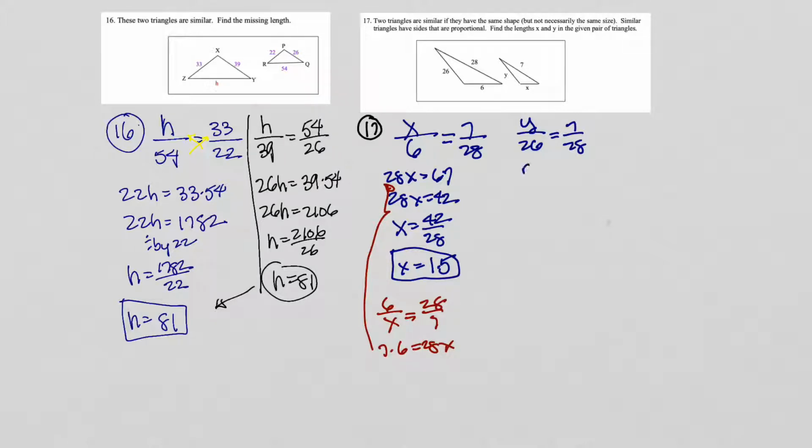Cross multiply, we'll get 28y equals 7 times 26, and 7 times 26 is 182. 28y is 182. We'll divide by 28, and I'm left with 6.5. And there we go.